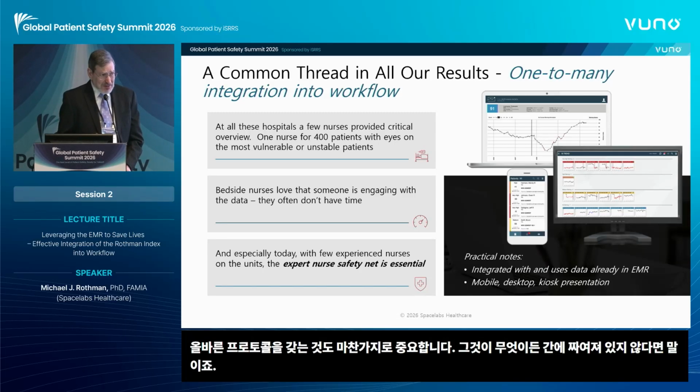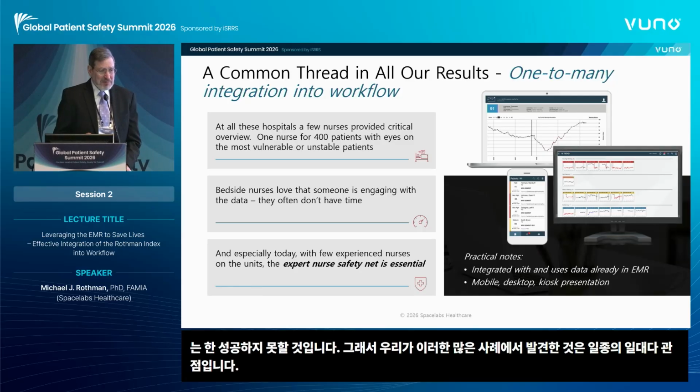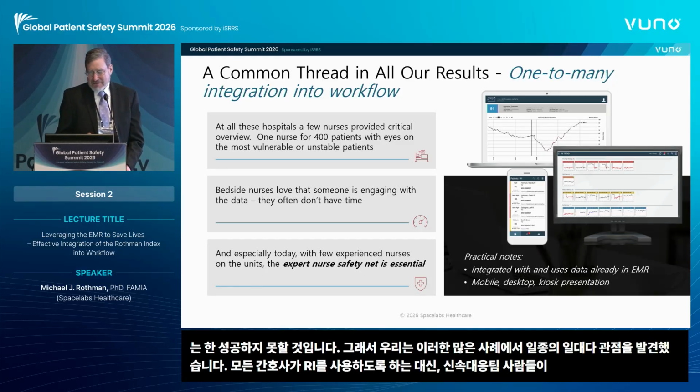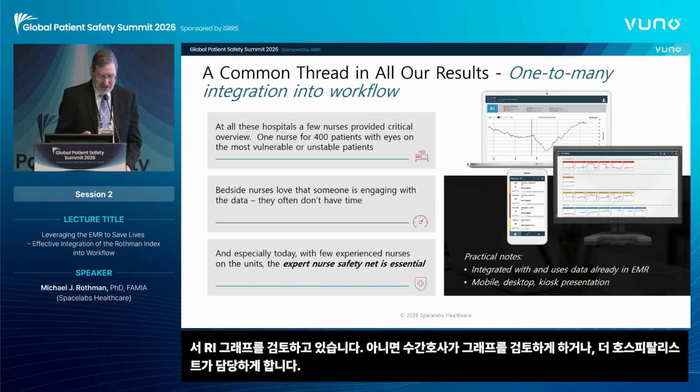Instead of having every nurse use the RI, having the rapid response team people, having a central control area where they're reviewing RI graphs, or just having the charge nurse review graphs, having the hospitalist who's responsible for 10 to 20 patients, probably none of which he or she is familiar with when he or she first comes on service.